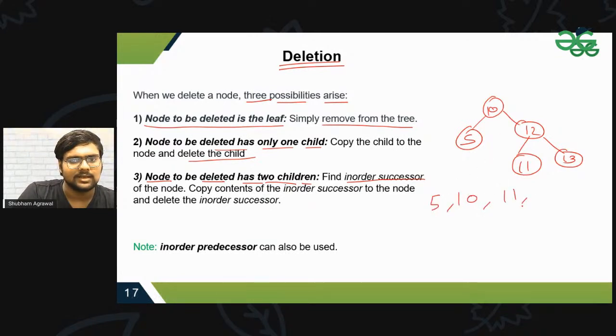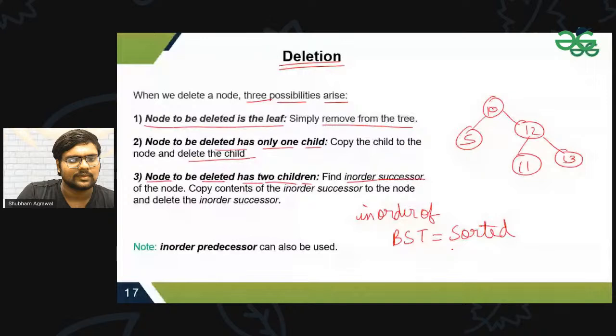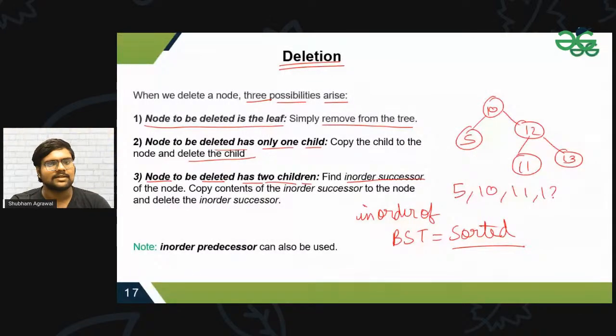One more important point: the in order traversal of a BST is always sorted. So if we do the in order traversal, after 10 it is 11, so the in order successor of 10 is 11.